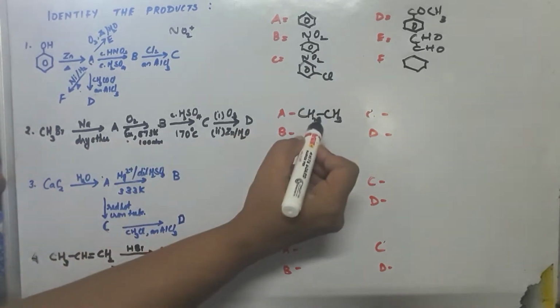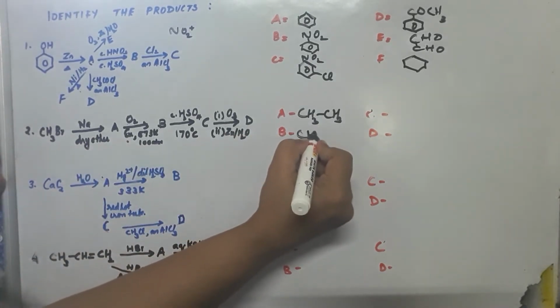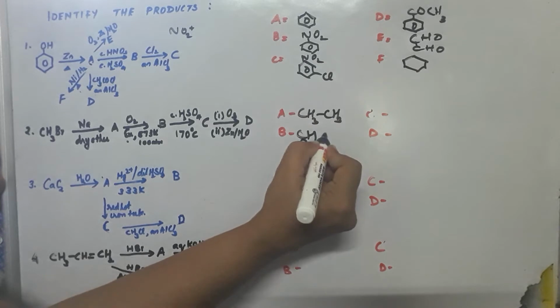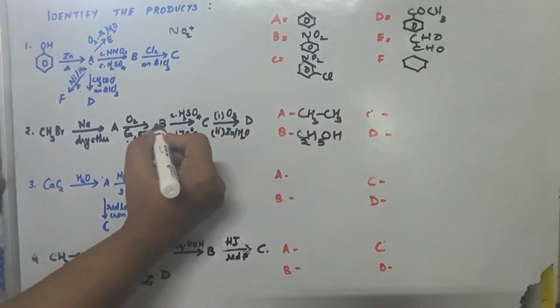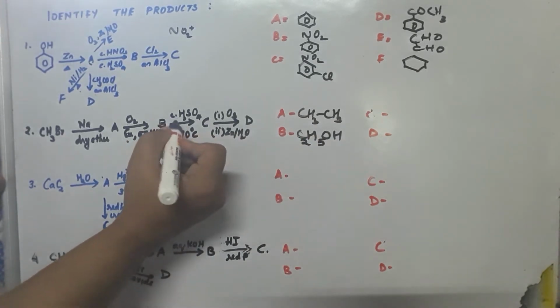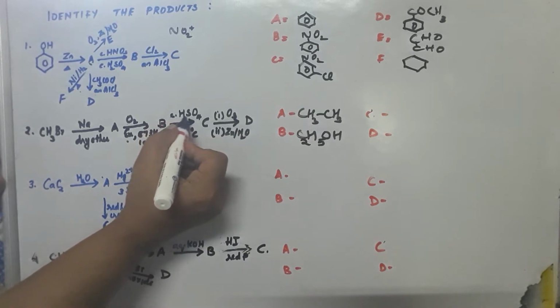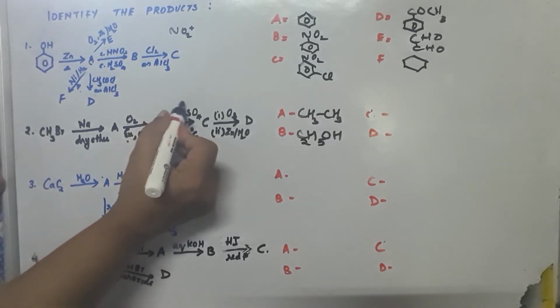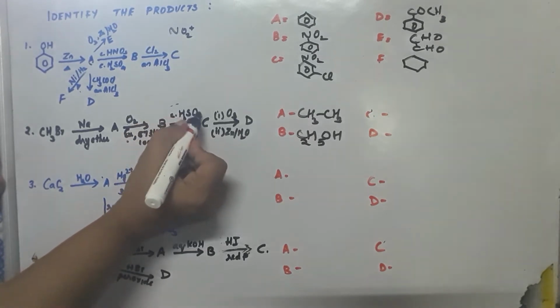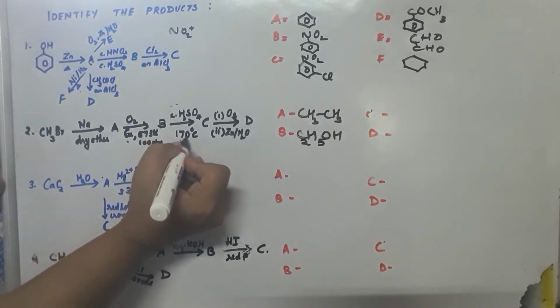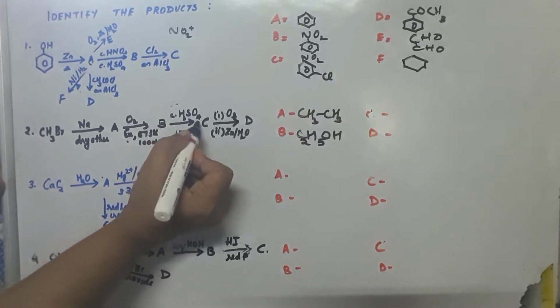Since it is ethane, it forms ethyl alcohol, C2H5OH. Now this alcohol is subjected to concentrated H2SO4 at 170. Concentrated H2SO4 is a dehydrating agent, and when the temperature is 170 degrees Celsius, the product formed is an alkene.